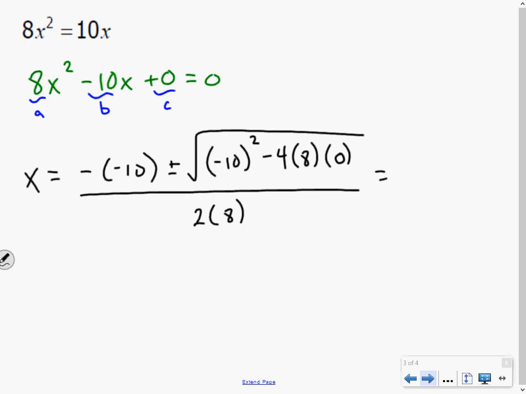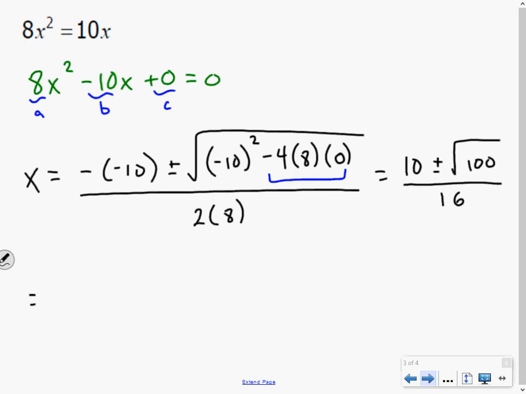So we end up with a positive 10 plus or minus. And then if we look at the square root here, this whole thing is going to become 0 because -4 times 8 times 0 is just 0. So under the square root, we just have the 100 that comes from that -10 squared. In our denominator, we have a 16.